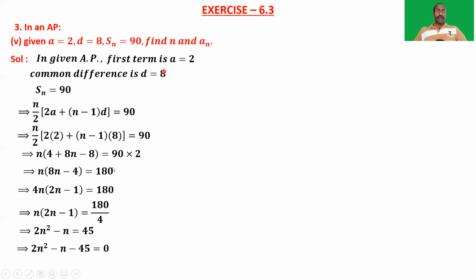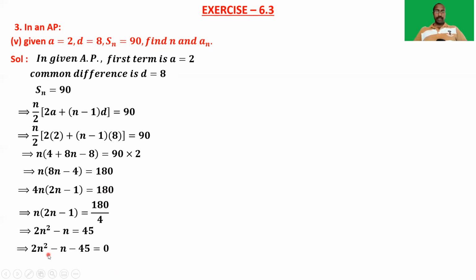So here we have to find n. We can observe that 2n square minus n minus 45 equal to 0 is a quadratic equation in the variable n, and by solving this equation, we get two values for n.